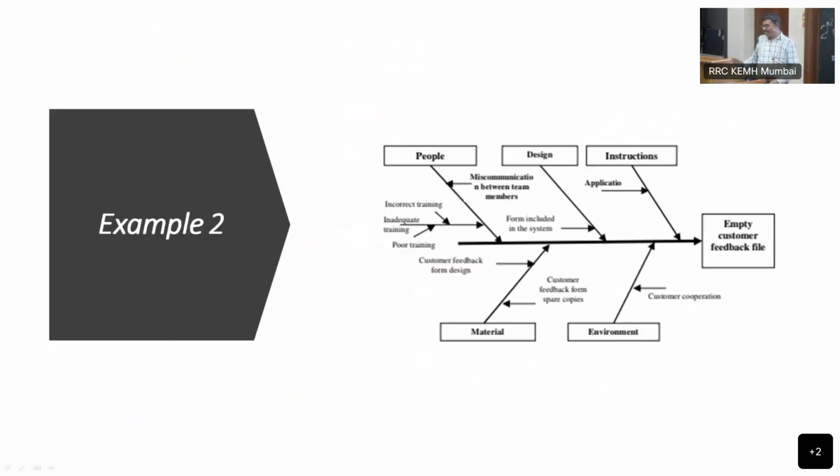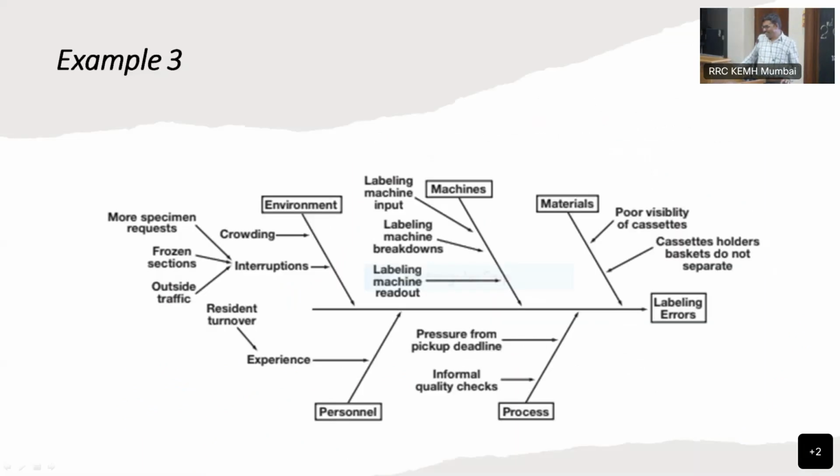So the same example you can put here also. What could be the reason? And you bucket those issues. You may probably come to the conclusion this could be the cause.